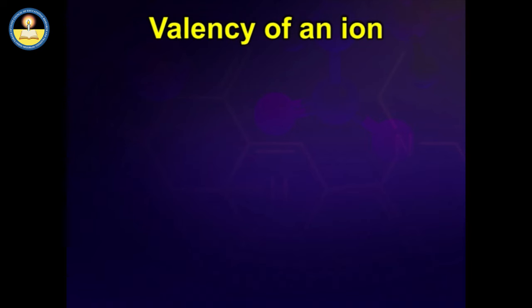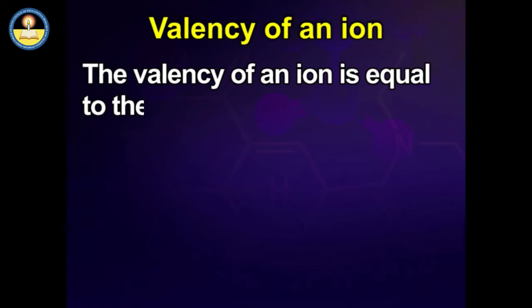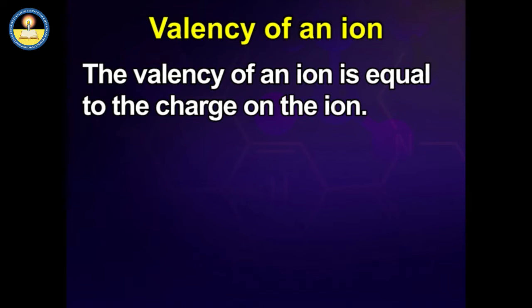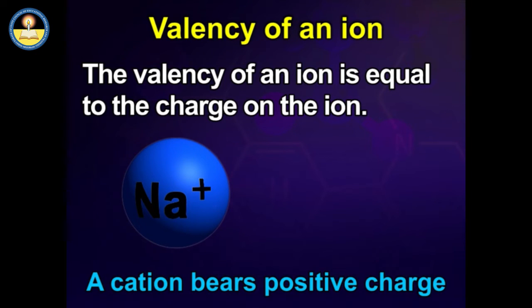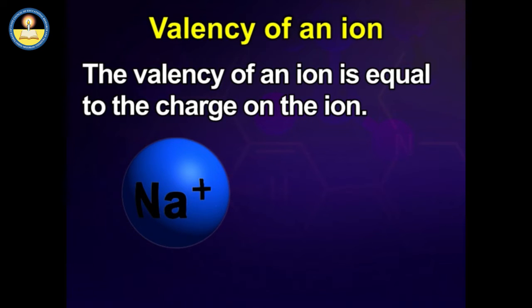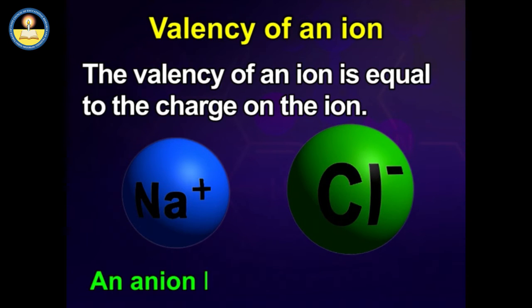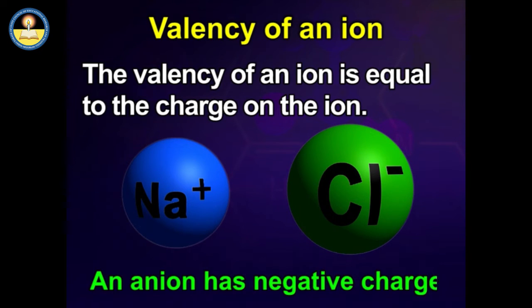Let us now learn about valency of an ion. The valency of an ion is equal to the charge on the ion. A cation bears positive charge. Therefore, its valency is taken as the respective positive numeral, or simply the numerical value of the charge, Na positive. On the other hand, an anion has negative charge.